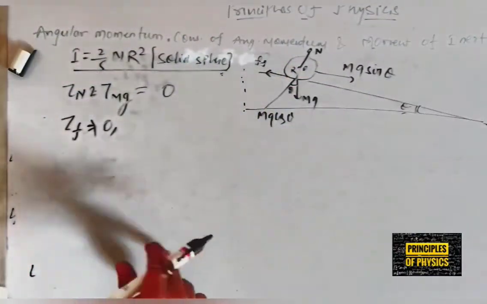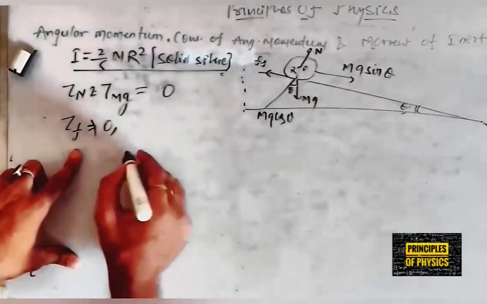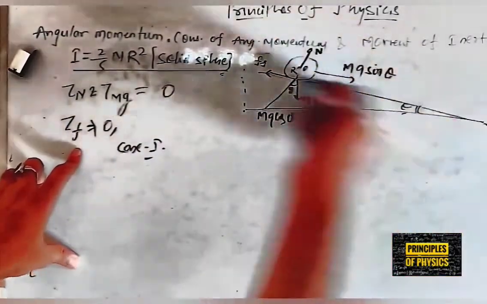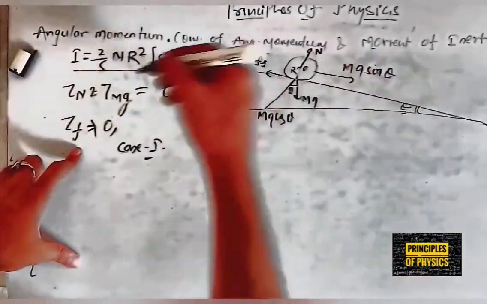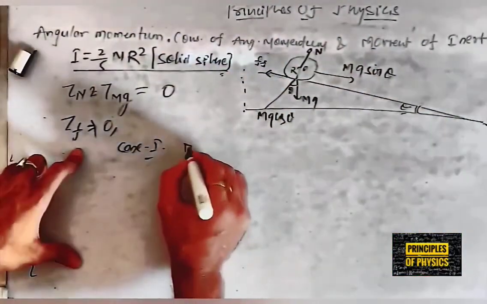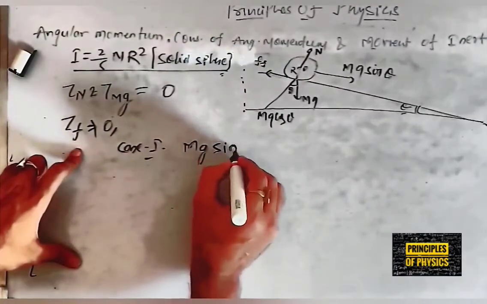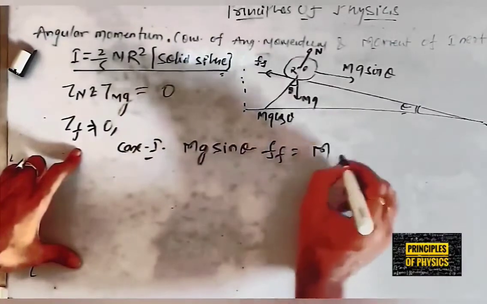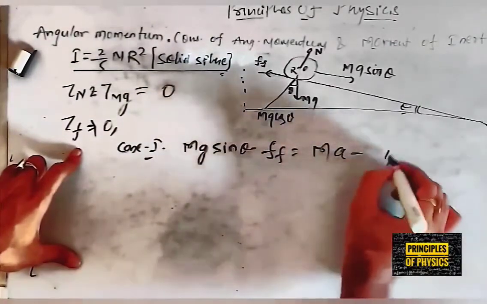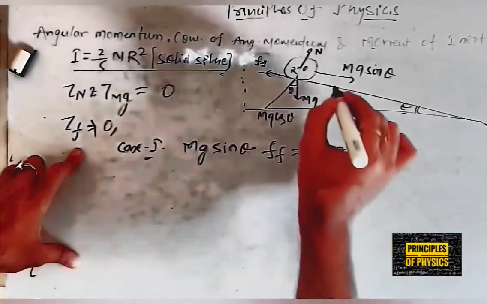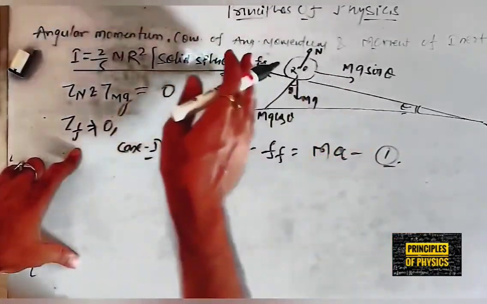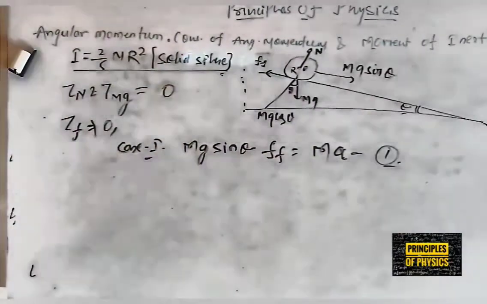So case 1 will be force in the direction of the motion and against it, that is mg sin theta minus frictional force will add up to ma. a is the total acceleration through which it is accelerated downward.